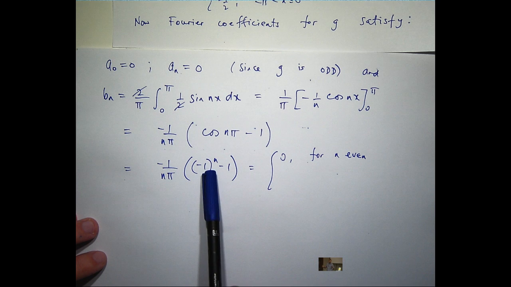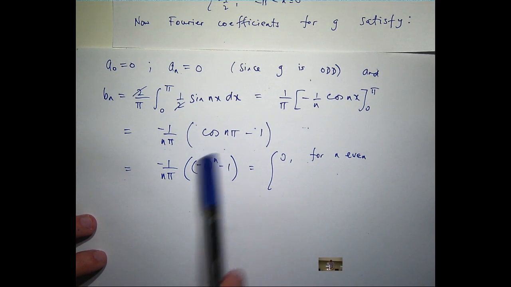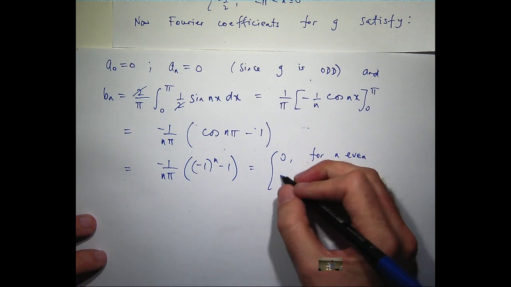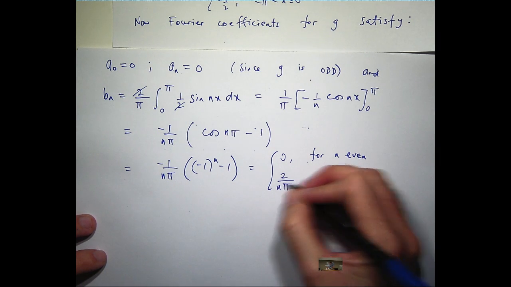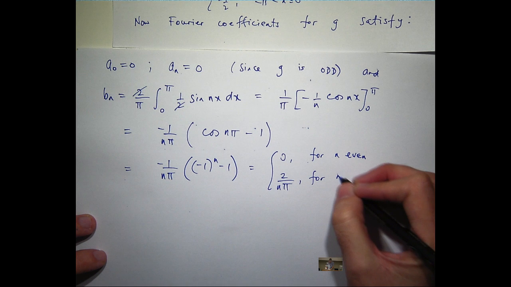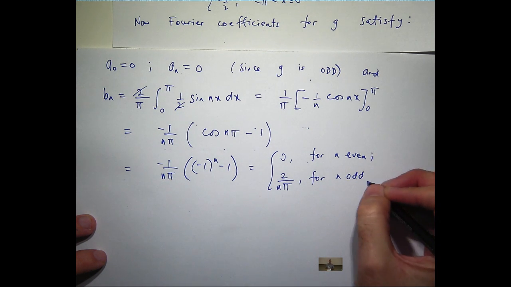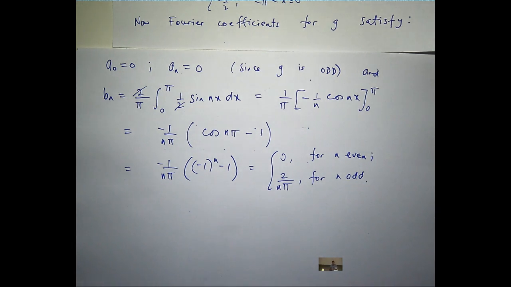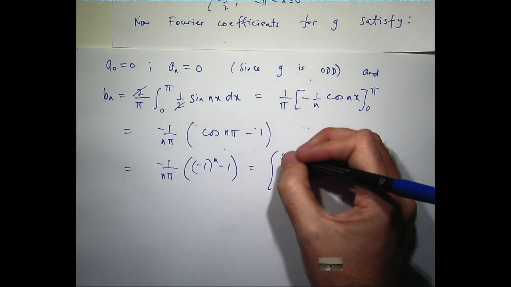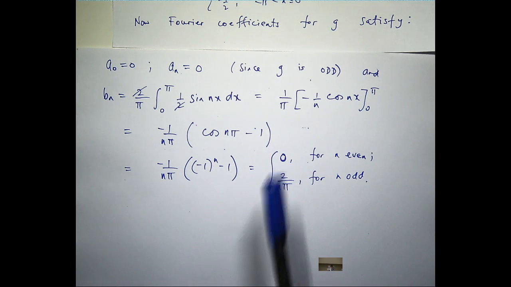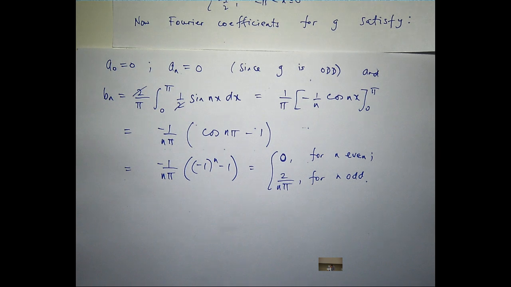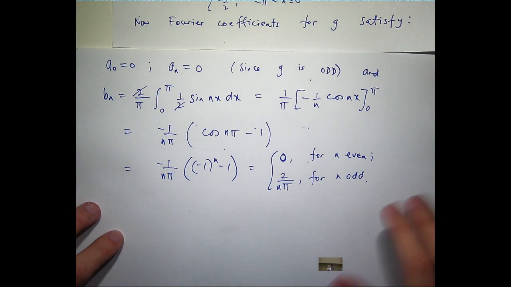If n's odd, well, this thing in the big brackets is going to be minus 2. So when I multiply through with here, I'll get 2 on n pi. So I've got a sort of a strange setup for my b sub n's here, but it's actually going to help us out, so don't worry.